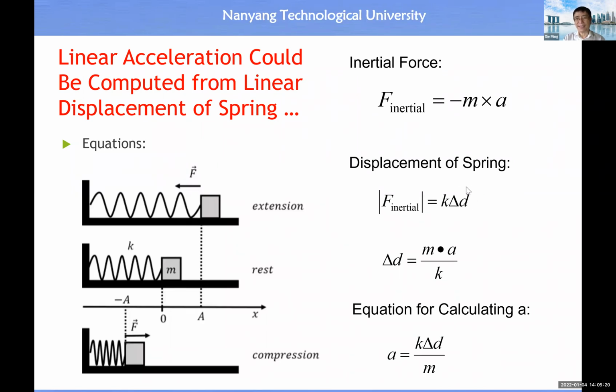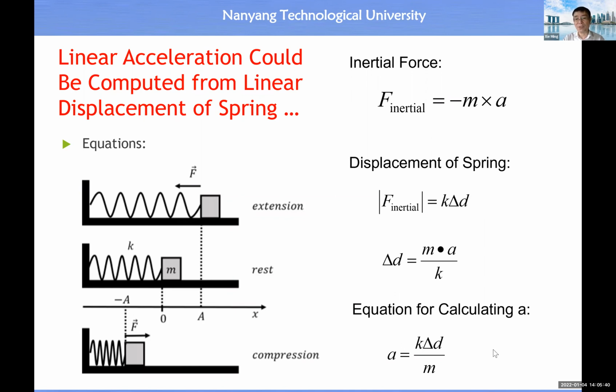Okay, then the deviation of the spring from its neutral position is theta b. Then this equality holds. Okay, therefore then we know what should be the deviation of the spring from its equilibrium position or neutral position. All right, so equal to ma divided by k.